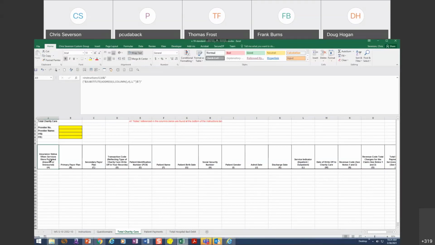So what this should do is link to where you've reported it on worksheet S-10, line 20 specifically, whether it's in column 1 or column 2. And for that reason, in your situation where certain charges were not covered by Medicare, well, it probably wouldn't be Medicare, it'd most likely be Medicaid or maybe an insurance company.